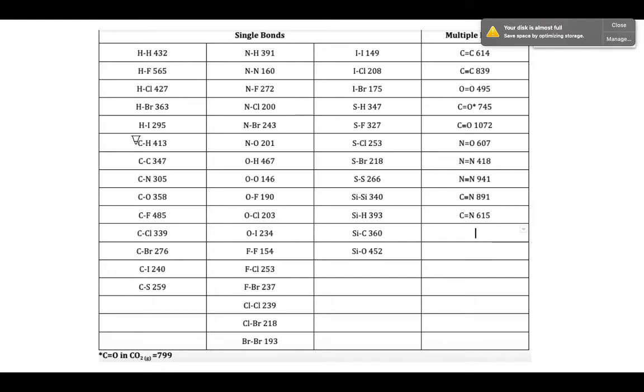So if I have a carbon-hydrogen bond, what they've done is they've taken different molecules with carbon-hydrogen bonds in it, and they've figured out how much energy is required to break those or form those, right? All of those energies are then averaged together to get this particular number, right? So all of these numbers are actually averages and not super exact, right?